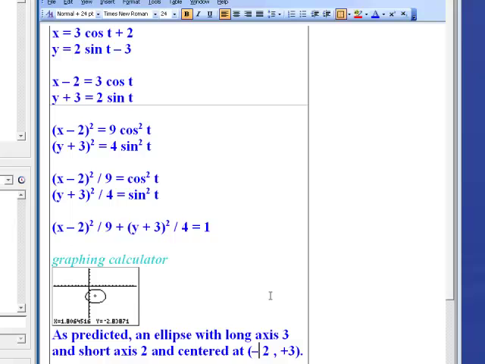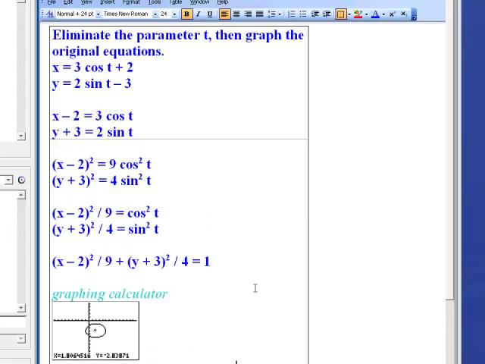Positive 2 and negative 3, right? Positive 2 and negative 3. With that, I'll stop this lecture here and we'll continue a little while later.